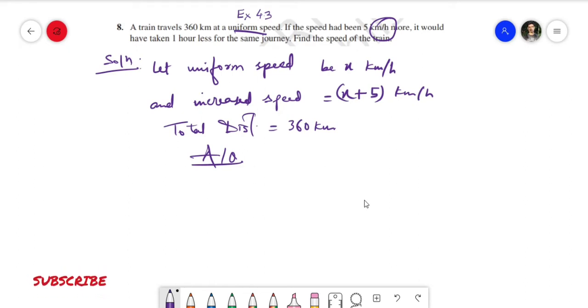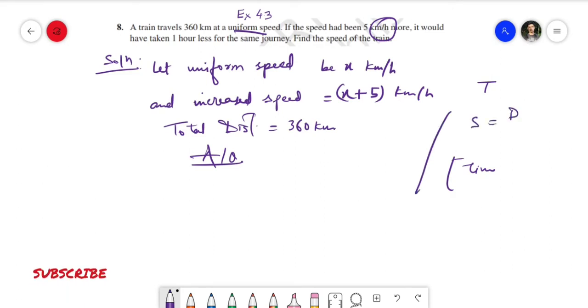We have speed and distance, but speed is not given, we suppose it. So we need timing. I'm just writing the formula: speed is equal to distance by time. So we have to find the time, so we have to write distance by speed.